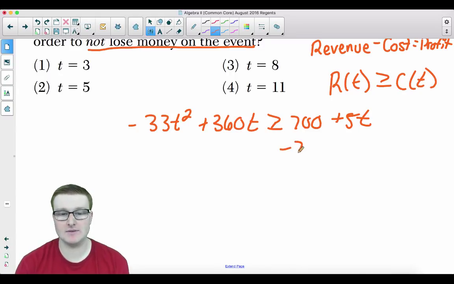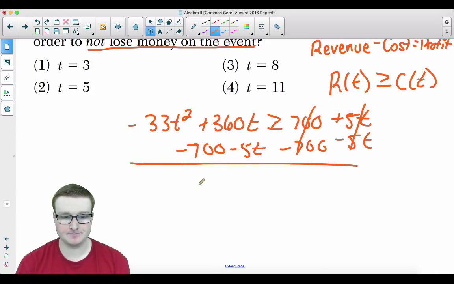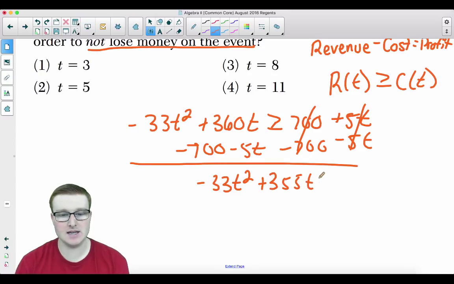I guess we could subtract the 700 and subtract the 5t. So we get negative 33t squared plus 355t minus 700 is greater than or equal to 0.